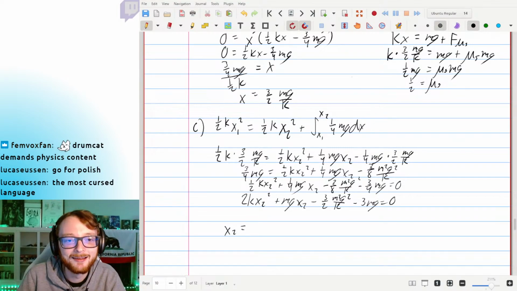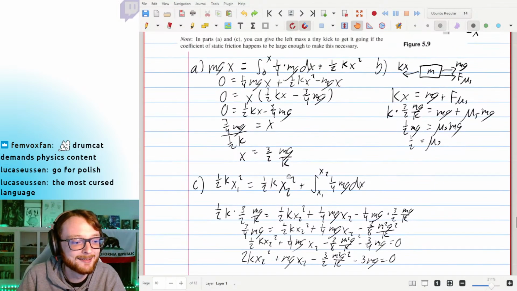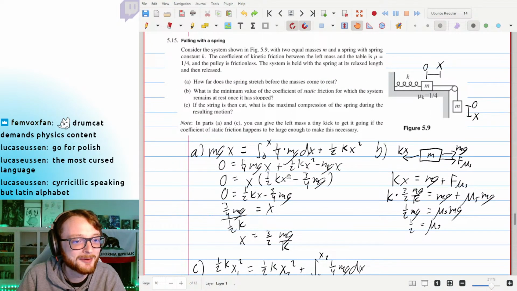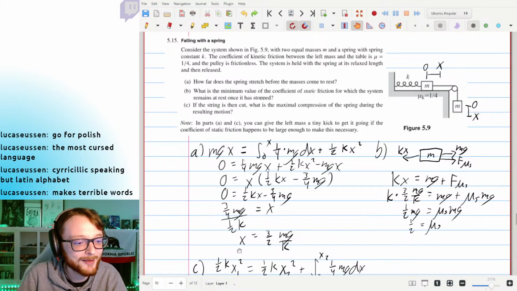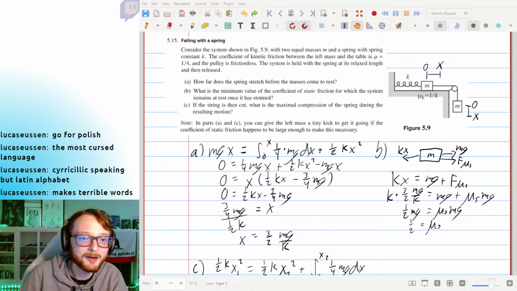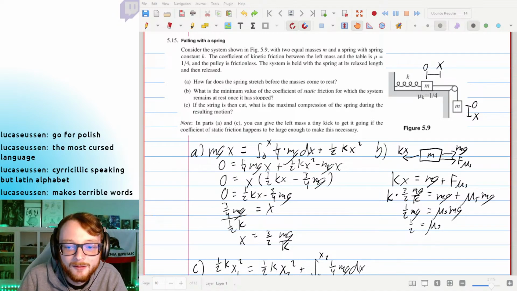Cyrillic speaking the Latin alphabet. Oh, really? I honestly assumed that Polish. What does a Polish word even look like? Oh, you know what? Maybe I do know it. That's right, they have some of their own characters, but it is like Latin alphabet. You're right.